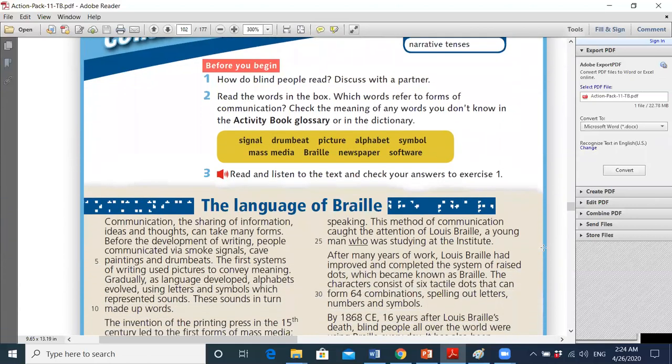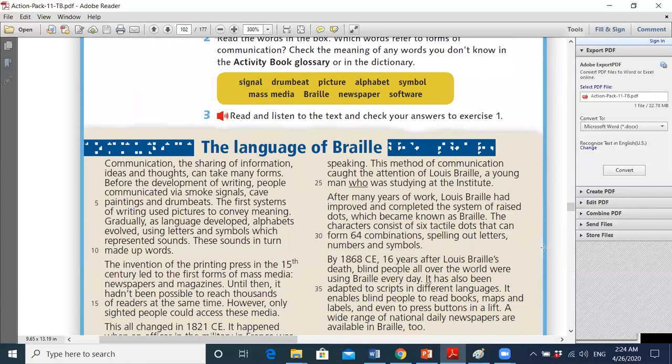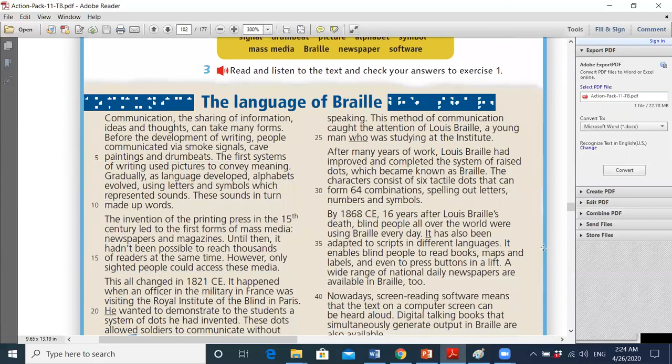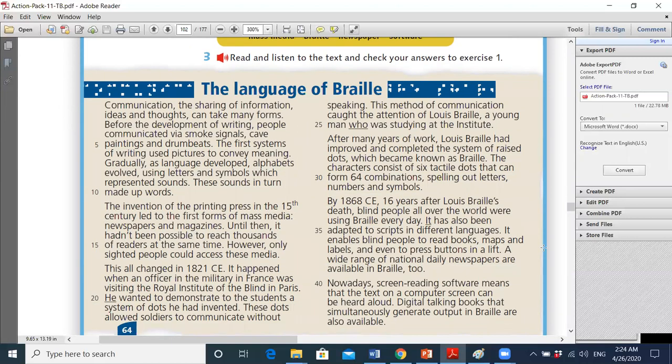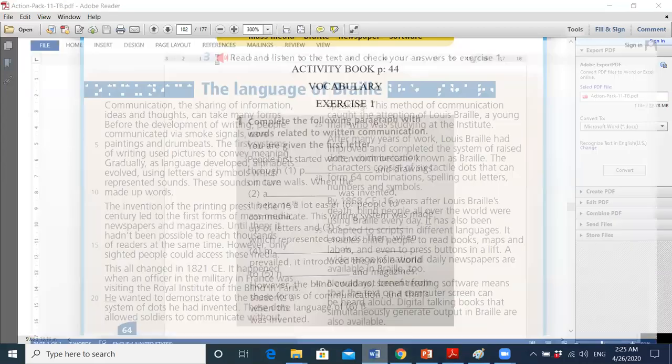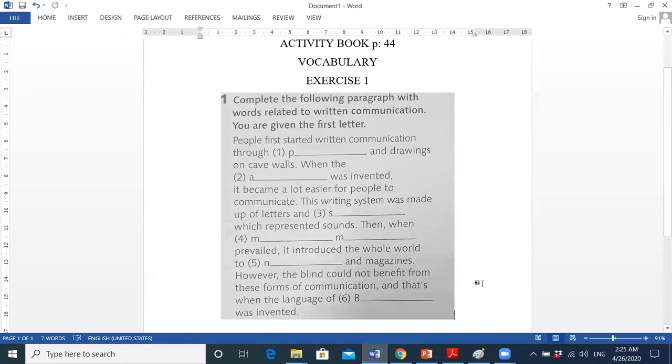We are done with this lesson, and I would like you to do two things for me. First of all, I would like you to go back to your activity book, to the page at the end of your activity book where it has the glossary or the meanings of words for Module 5, Unit 8, and check out the meanings of the words that we introduced today. I would also like you to please go to your activity book, page 44.